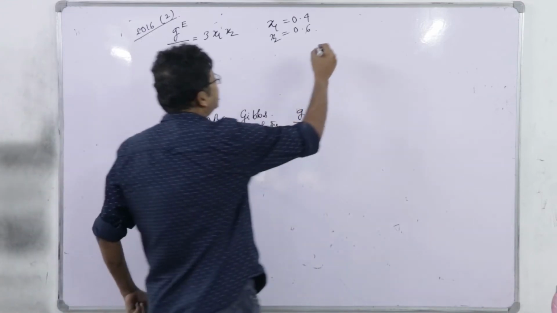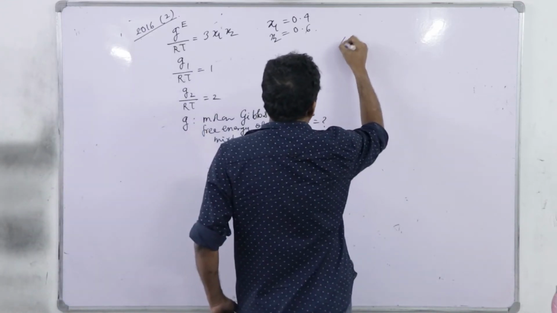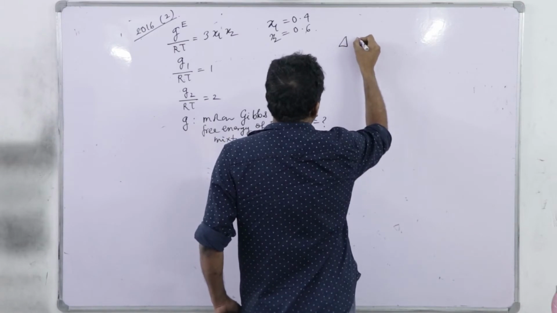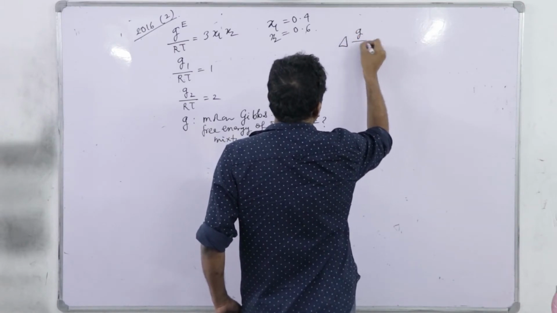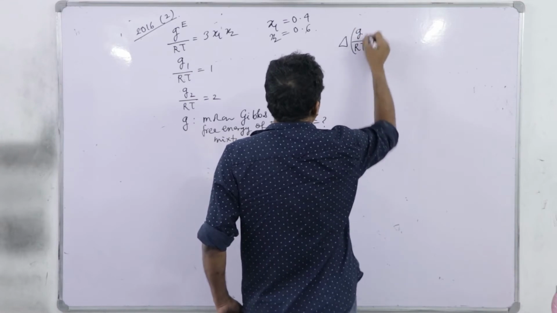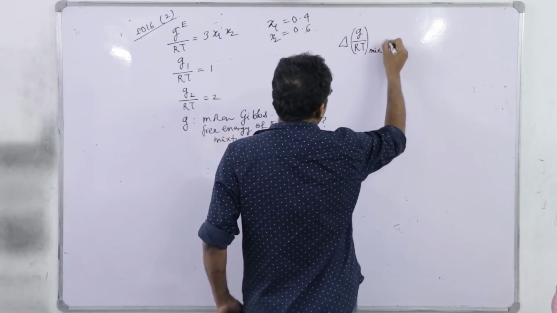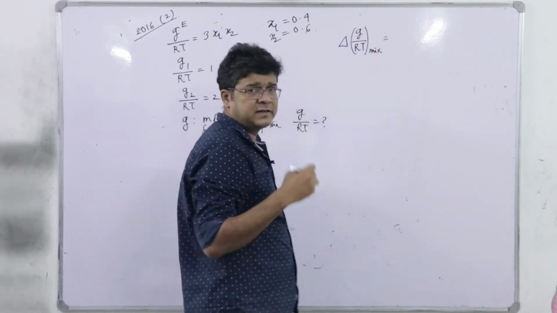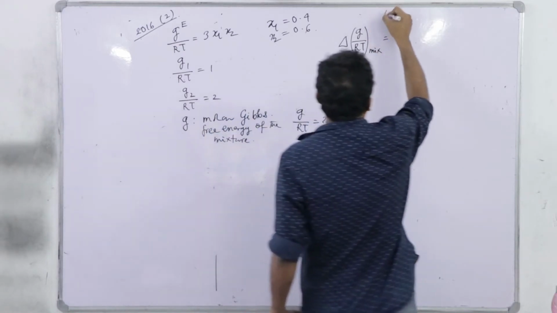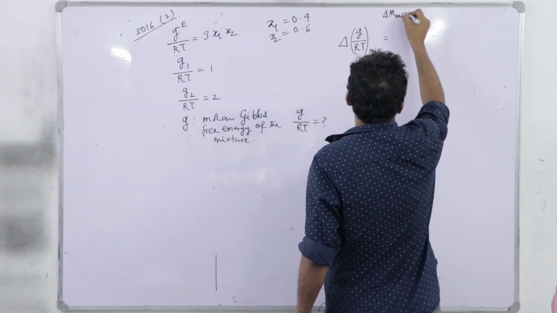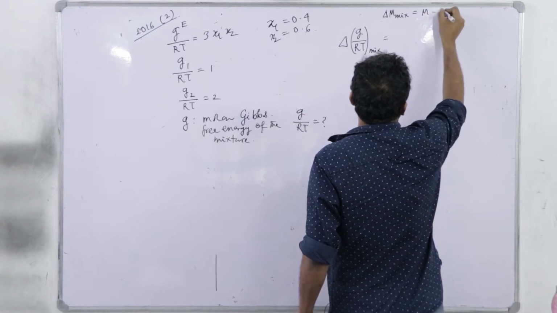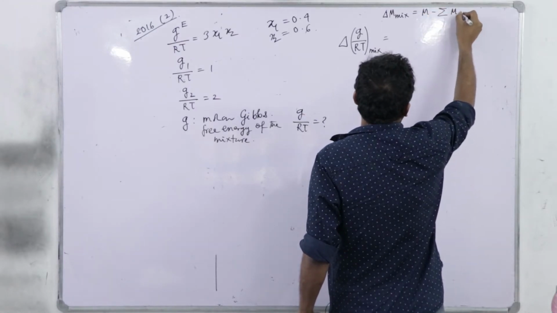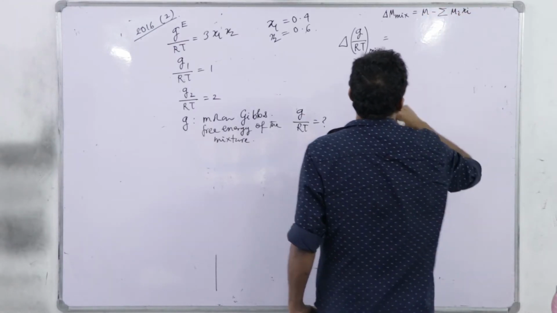We know that delta G or delta G by RT, because of mixing, the Gibbs energy change or mixing property change, we know delta M mix is equal to M minus summation of Mi xi, right.